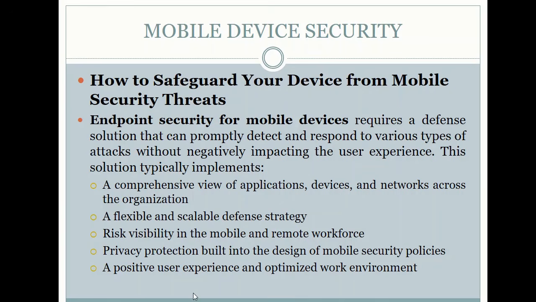A comprehensive view of applications, devices, and network across the organization should be there. A flexible and scalable defense strategy should be there. Risk visibility in the mobile and remote workforce should be enabled all the time, and privacy protection built into the design of mobile security policies should be there, along with a positive user experience and optimized work environment. These are all the necessary things to safeguard our device from the threats.